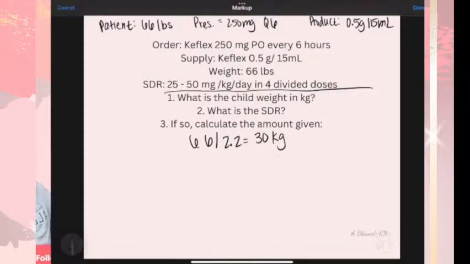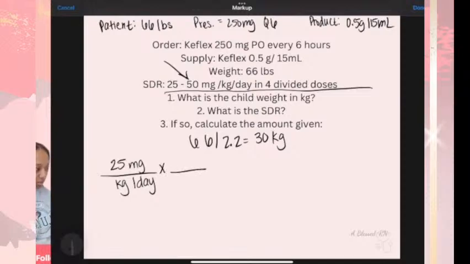So we will use this problem right here to figure it out. So 25 milligrams per kg per day. We got our 30 kilograms of weight. So our kilograms cross out, and you see that it says 4 divided doses.